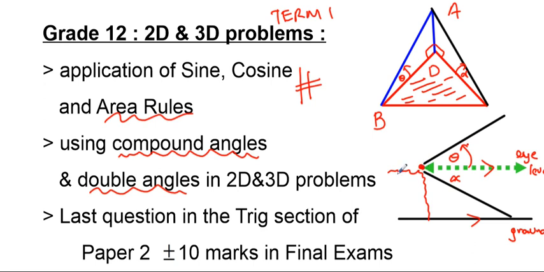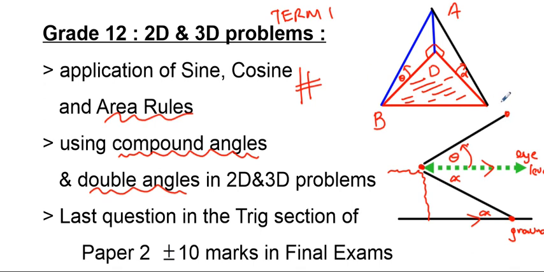This is where a person will be standing on a cliff and he's looking at an object at the bottom, maybe a boat on a river or a plane on top. So that's an angle of elevation, angle of depression. An important thing to note is that the eye level is always parallel to the ground level. Therefore, it helps us to get this angle, which is an alternate angle. Keep all these techniques in mind.